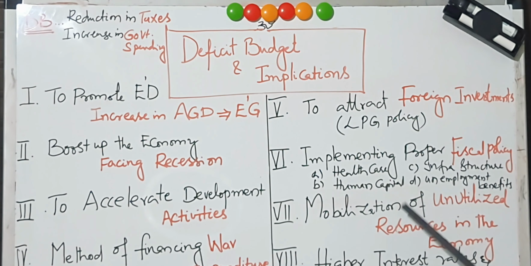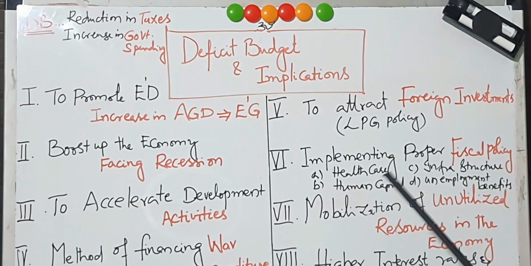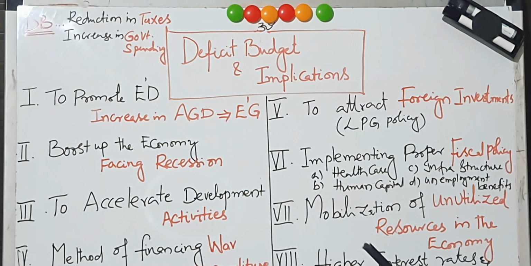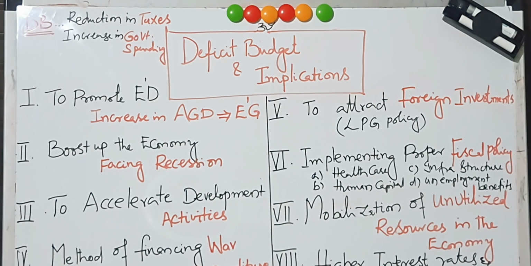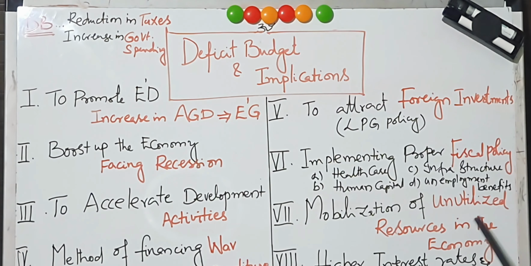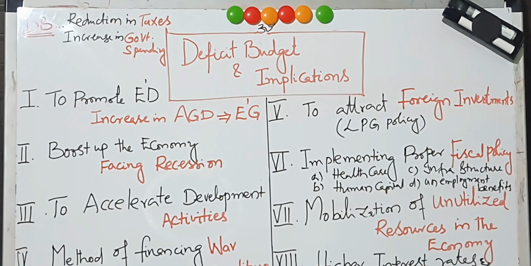Next one, mobilization of unutilized resources in the economy. Mobilization means creating a situation that attracts investors to invest their unutilized resources into the economy by increasing bank interest rates as well as government bond yields.